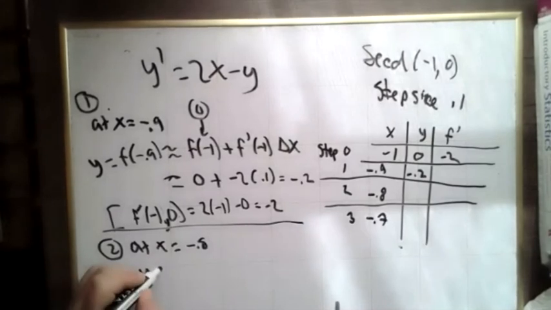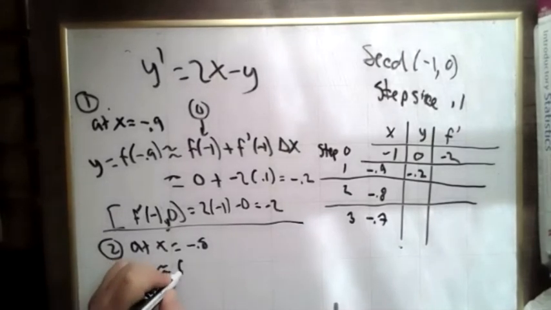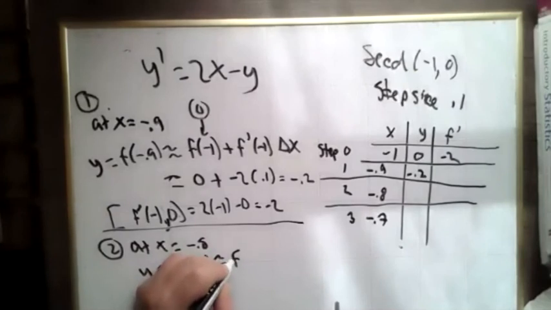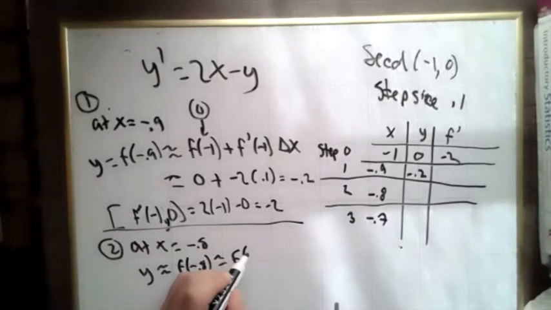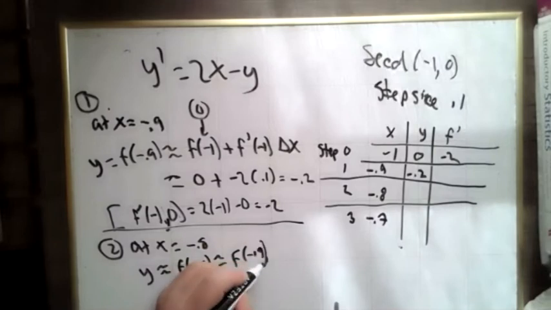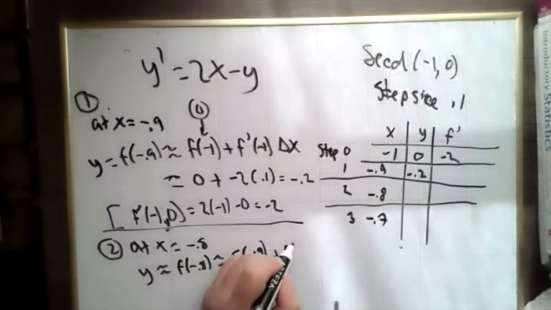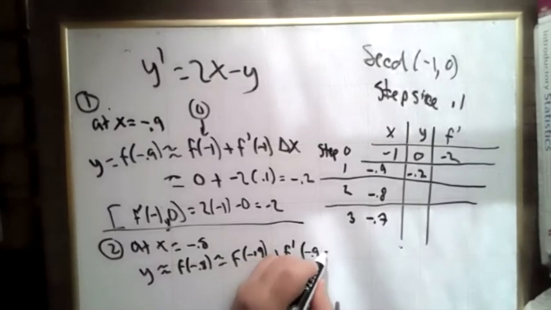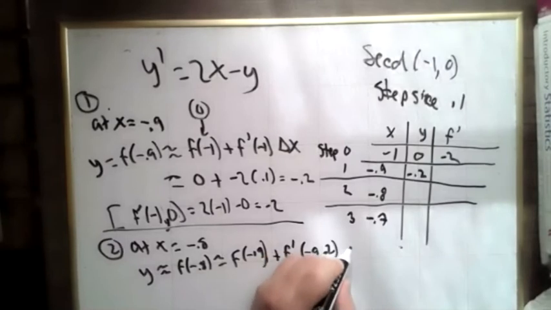The y value there will be approximately the last y value, f of negative 0.9, plus the derivative at the last y value, at the last x value, the last point, times delta x.